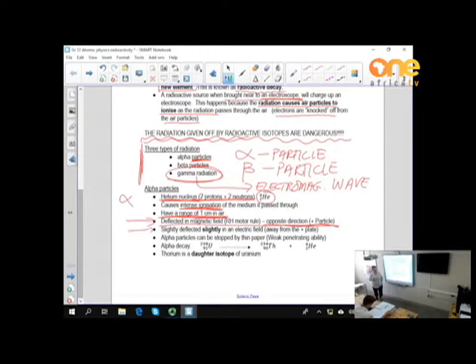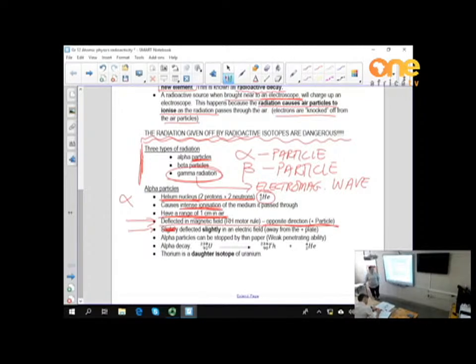Okay, so it's just deflected slightly in an electric field, and the direction would be away from the positive plate. Why? Like charges repel. A helium nucleus has a positive charge. It's going to be repelled from the positive plate towards the negative.